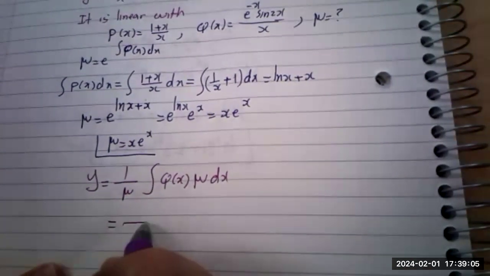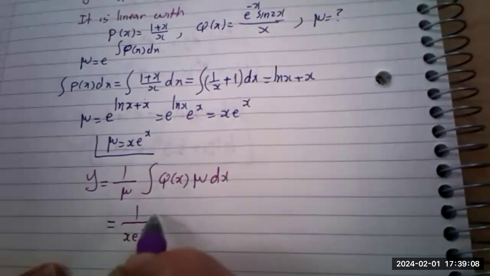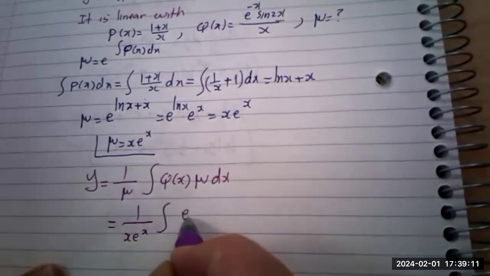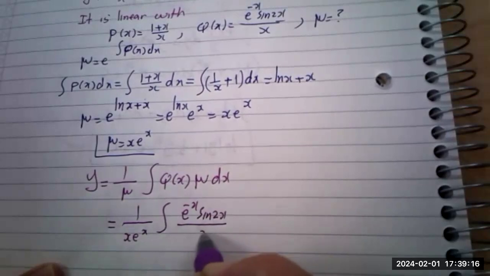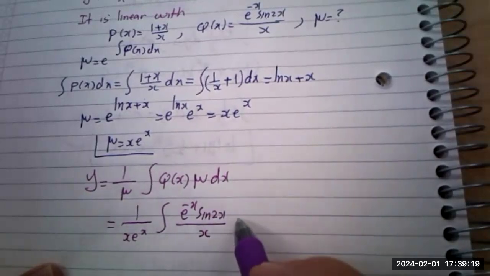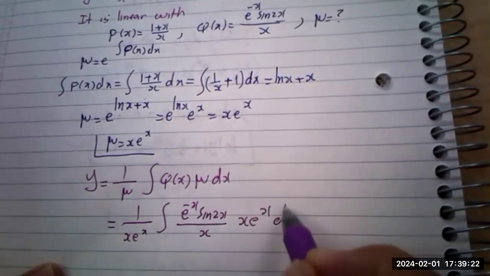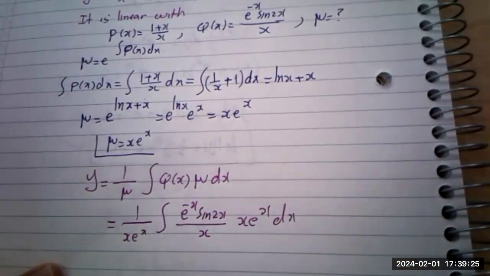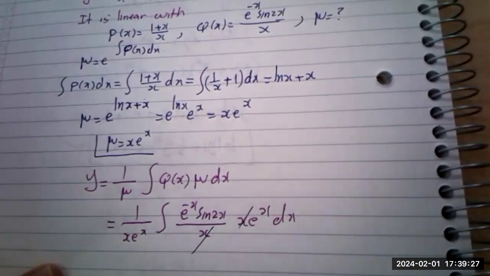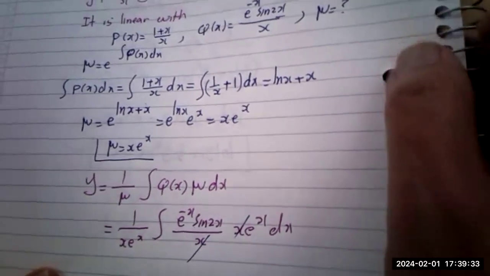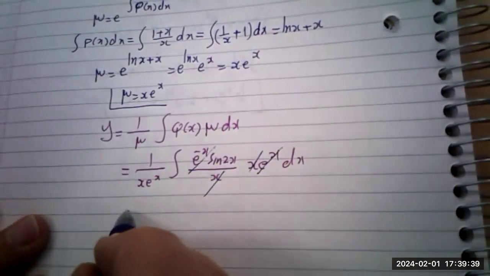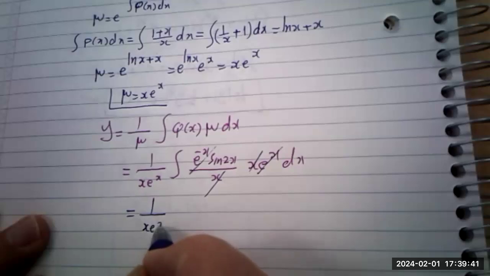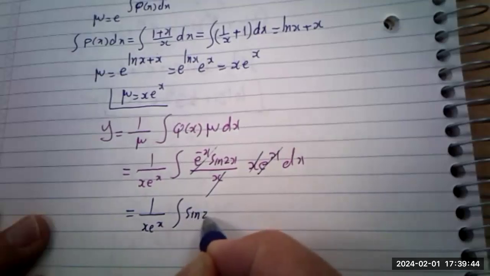So that gives you 1 over mu, where mu is x e to the x, times the integral of e to the negative x sine of 2x divided by x, times mu, where mu is x e to the x, dx. Now it nicely simplifies. The x and x cancel out, and e to the negative x times e to the x is 1. So the leftover is only 1 over x e to the x times the integral of sine of 2x. Any question?